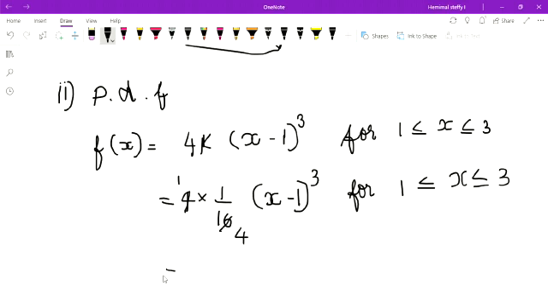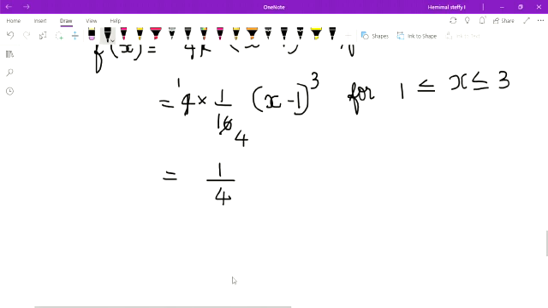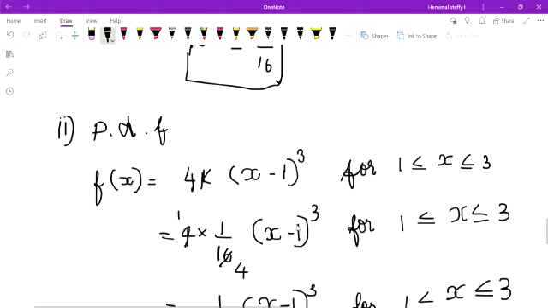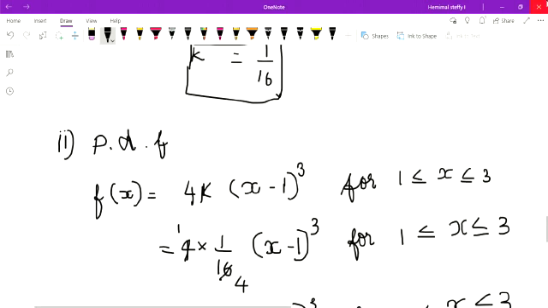Finally I got the answer: 1 by 4 (x minus 1) power 3, for 1 less than or equal to x less than or equal to 3. Is it clear, children? This is the probability density function. Okay, thank you very much.